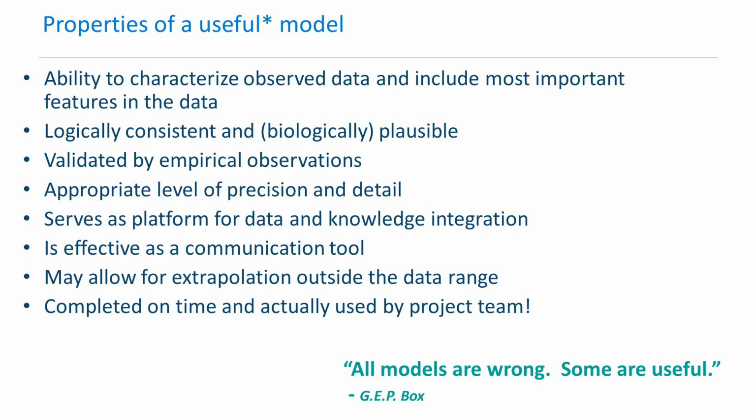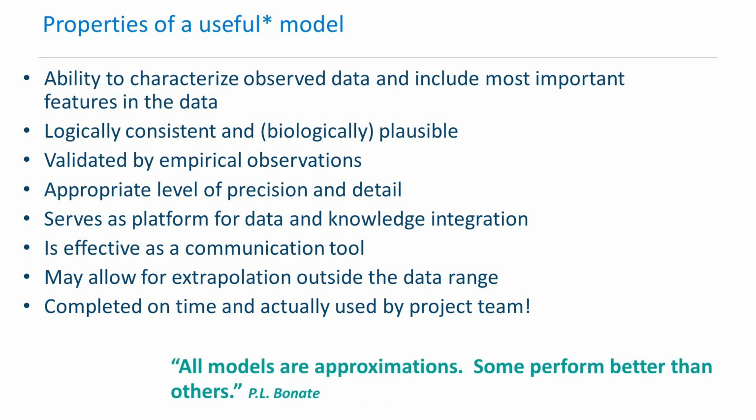So my colleague Pete has suggested a corollary that actually captures the same information but is maybe a little bit more palatable to modelers, which is all models are approximations. Some perform better than others. I like that actually better because no model is going to represent perfect reality. Even QSP models and their granularity don't necessarily represent every single part of the platform, of the pathway.